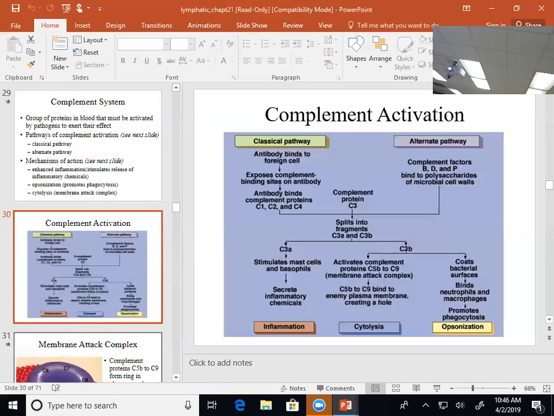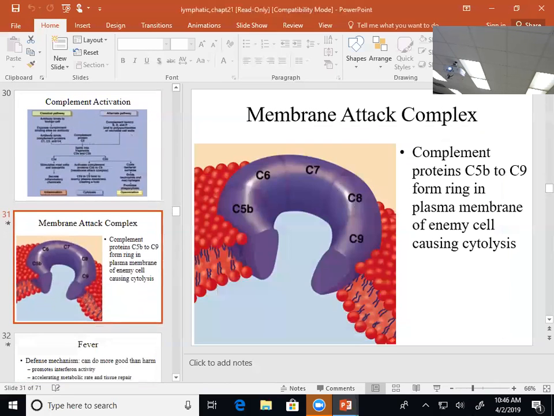The third thing is called cytolysis. If I broke this word down, what does cyte mean? And what does lysis mean? To split a cell. So what these complement proteins do in a foreign cell is penetrate the wall of the foreign cell, and as soon as they have all lined up in place, what is the wall looking like now? It's got a hole in it, right?